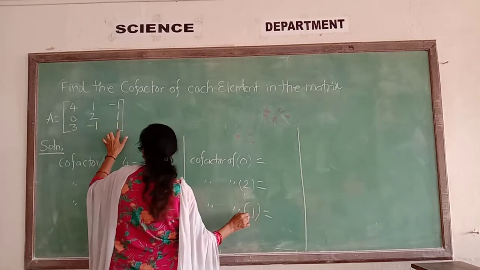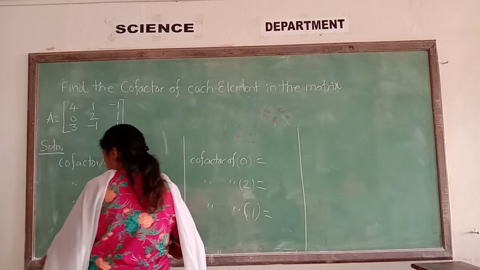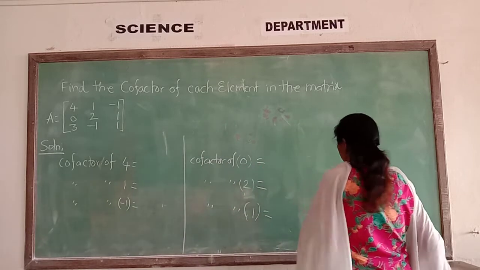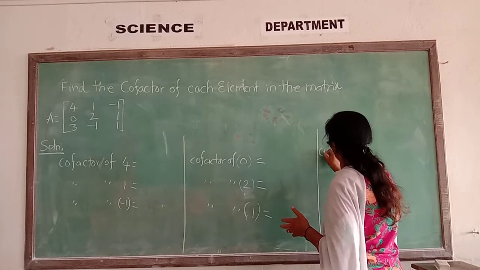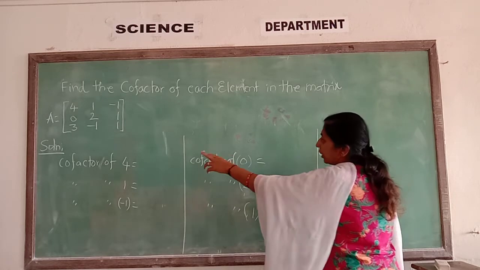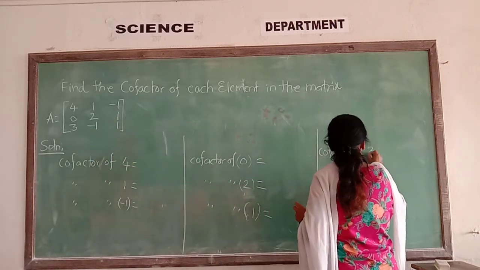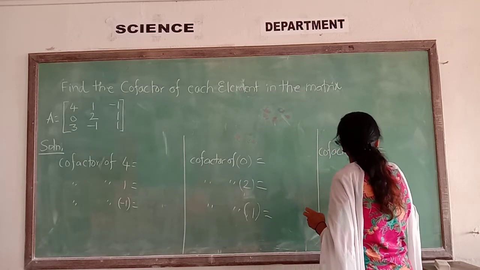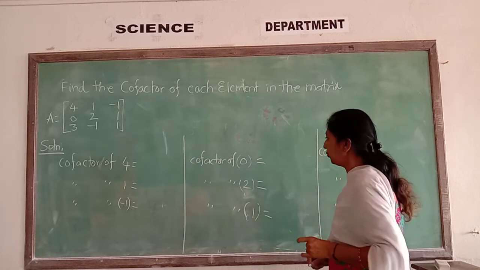So 1 is repeated, but it is in a different place. Next one, cofactor of 3, cofactor of 3, cofactor of -1, cofactor of 1.